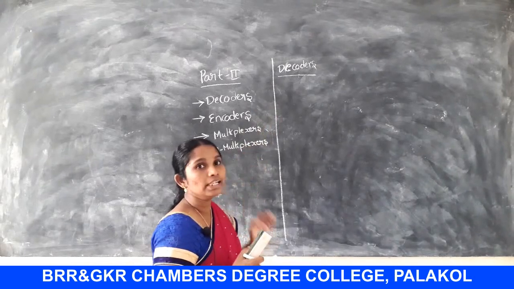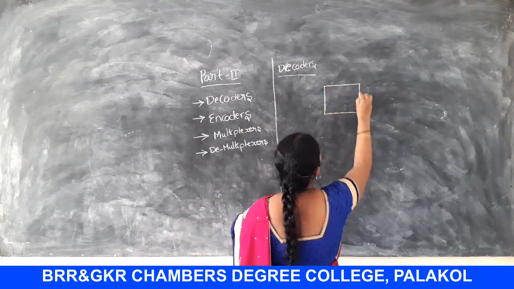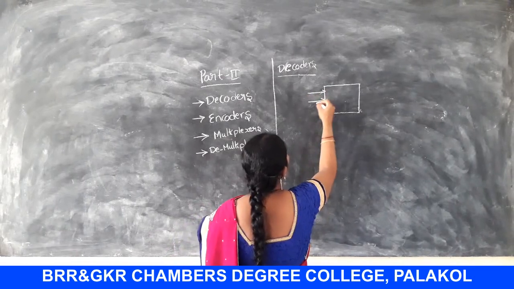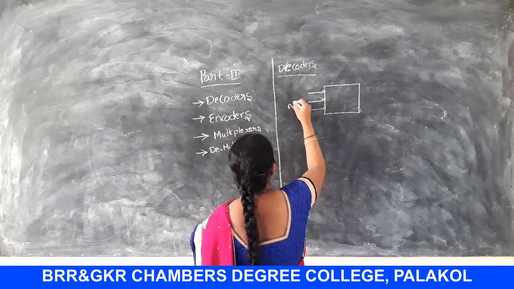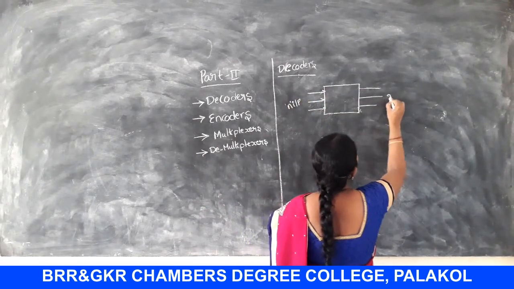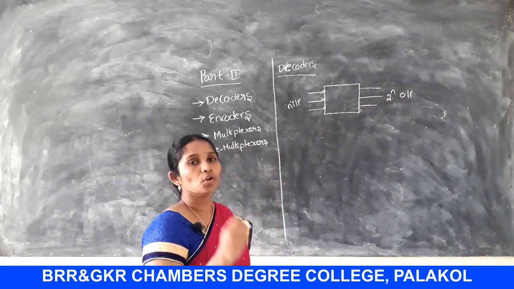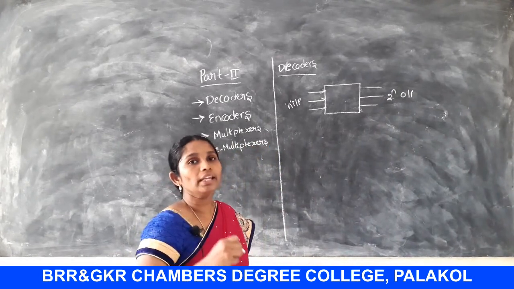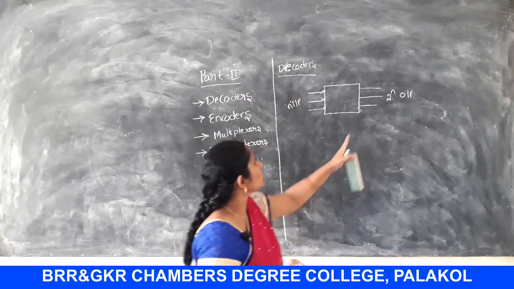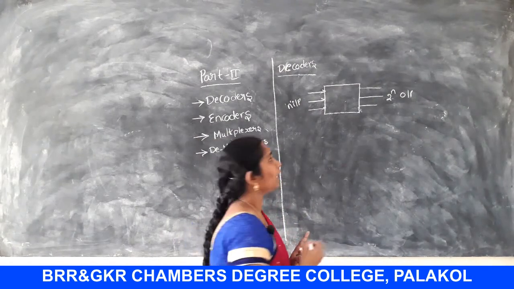So the decoder is nothing but a circuit where we apply n number of inputs, and it produces 2 power n number of outputs. So that is a decoder. A decoder is a combinational circuit: when we apply n number of inputs, it produces 2 power n number of outputs.